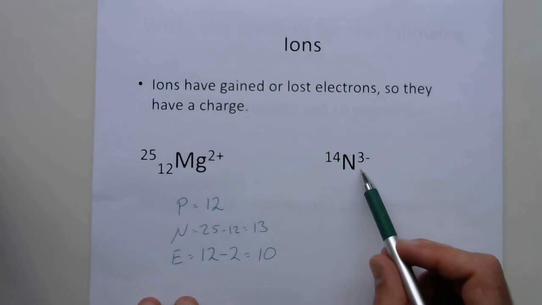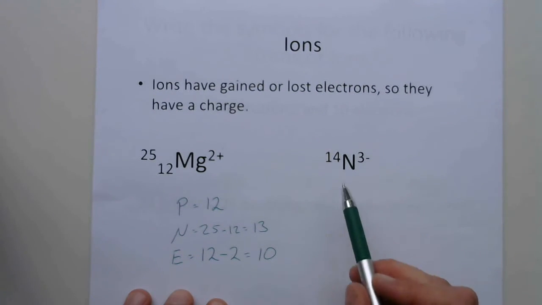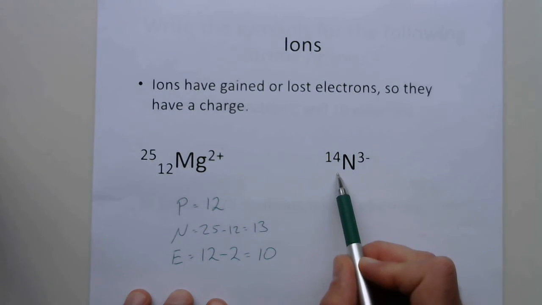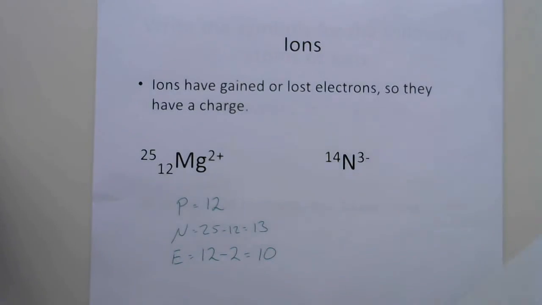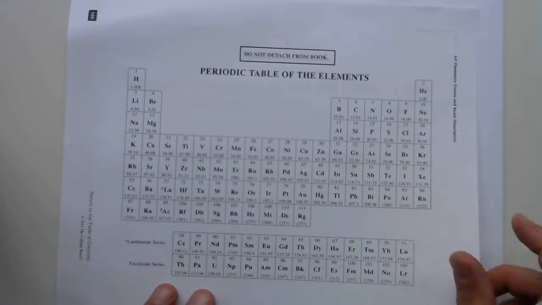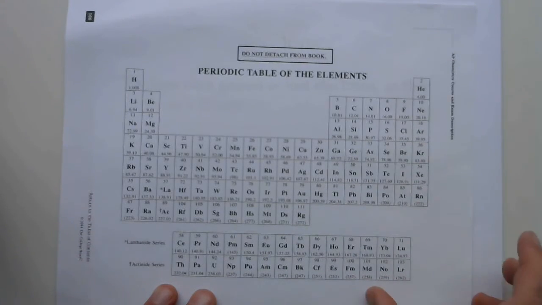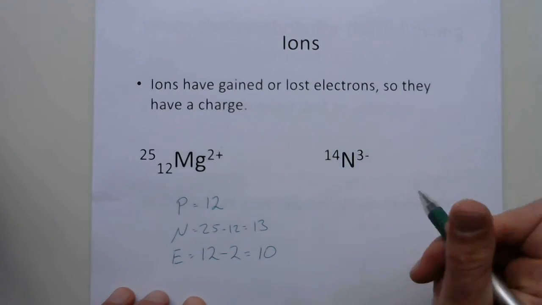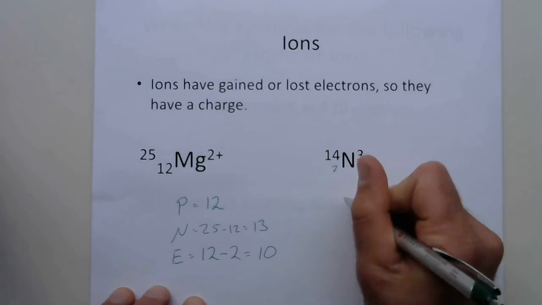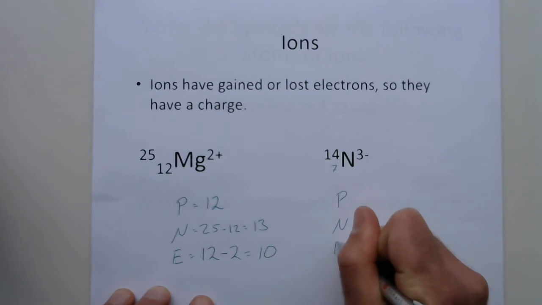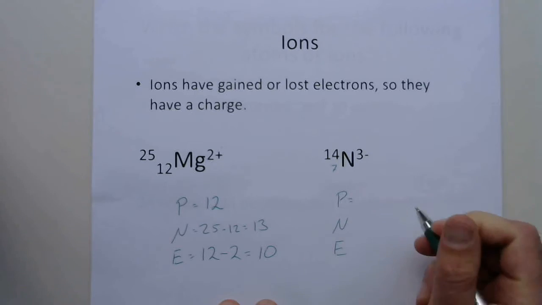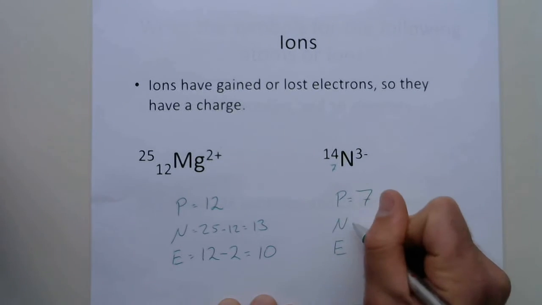Here's a negatively charged ion. This one is nitrogen. Here I didn't give you the atomic number, so we're going to have to look that up on the periodic table. This whole number up here at the top in the box with the nitrogen tells us that its atomic number is 7. You can write that in if you want to. So we're doing protons, neutrons, and electrons for this ion. Protons are 7.